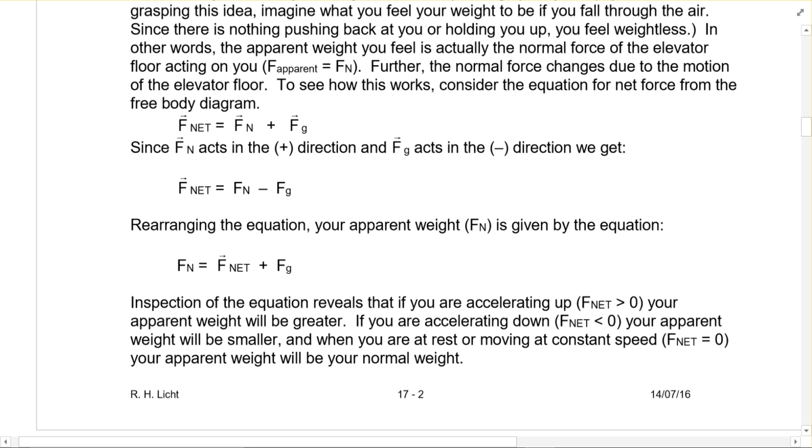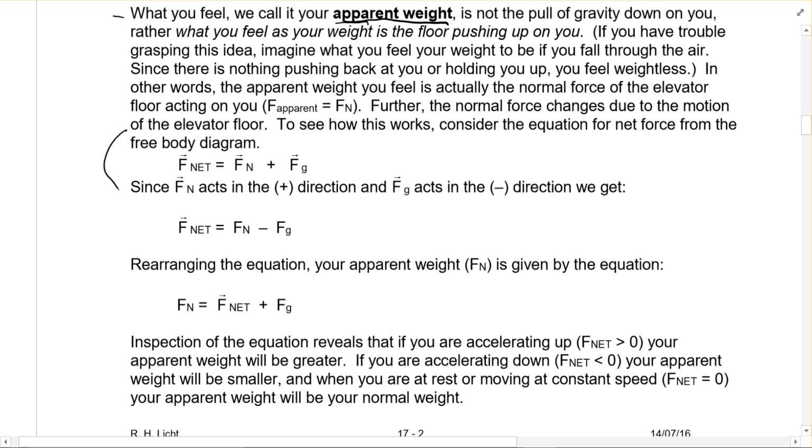And I've got this written down here too. This is the same type of thing I was just talking about. If you think about it, we've got F net, which is the actual acceleration of the elevator. That's what's causing the thing to go upward, and that's made of your normal force and your force of gravity. And the force of gravity is going to be in the downward direction. So our formula turns into F net is equal to Fn minus Fg.